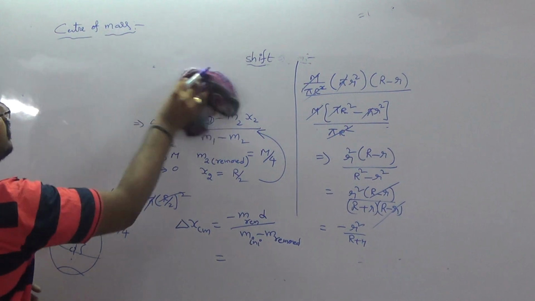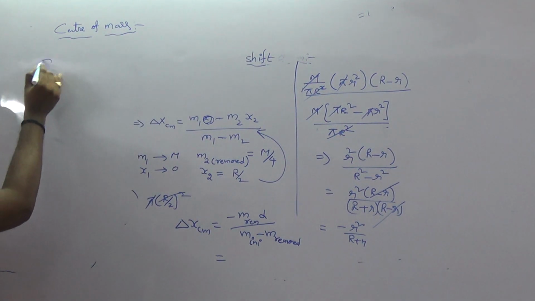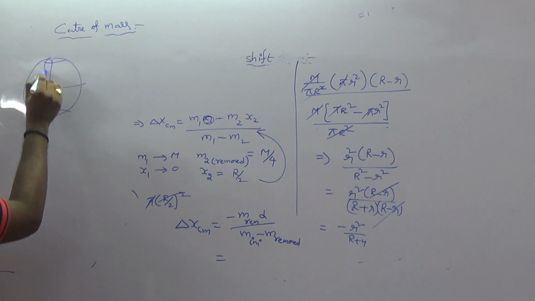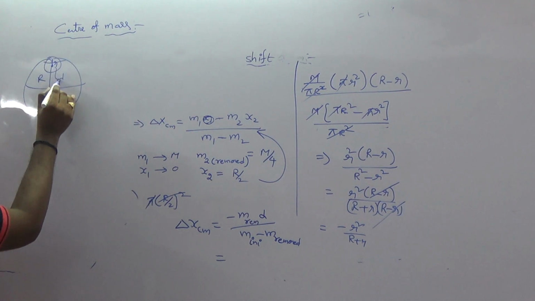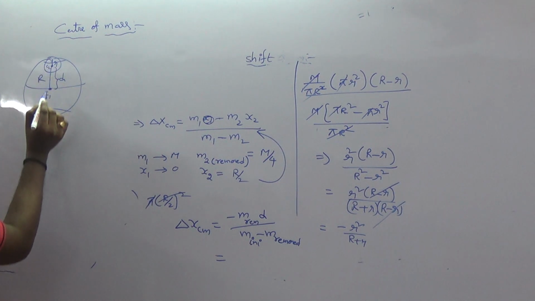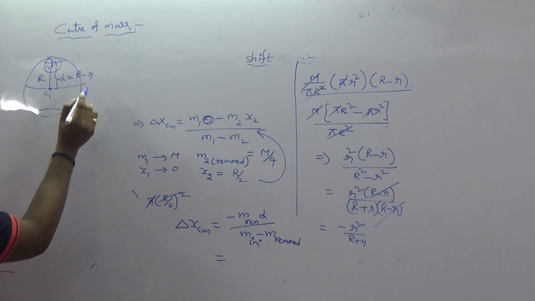In case of a sphere, the shift in center of mass also follows the same concept. Sphere of radius capital R, a small sphere of radius r is removed. So this is nothing but d. Center of mass of the first body, center of mass of the second body, distance between these two, d. D equals capital R minus small r.